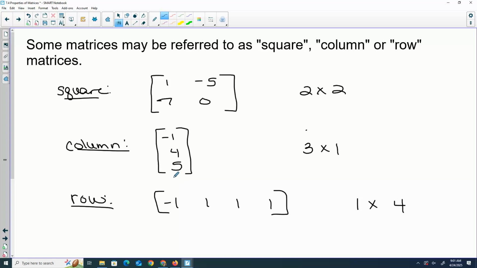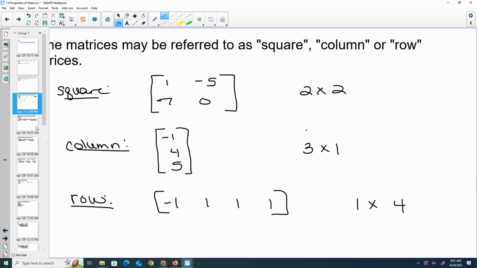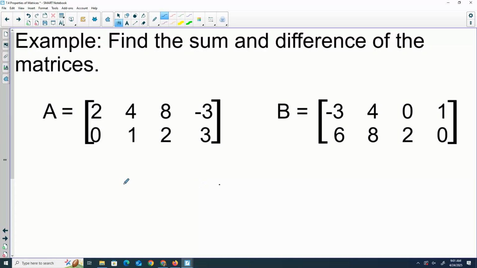In order to add or subtract matrices, they have to be the same size. So they have to have the same number of rows and columns. And if they do, then we can add them together. So if I asked you to find the sum and difference for these two matrices, they have to be the same size.